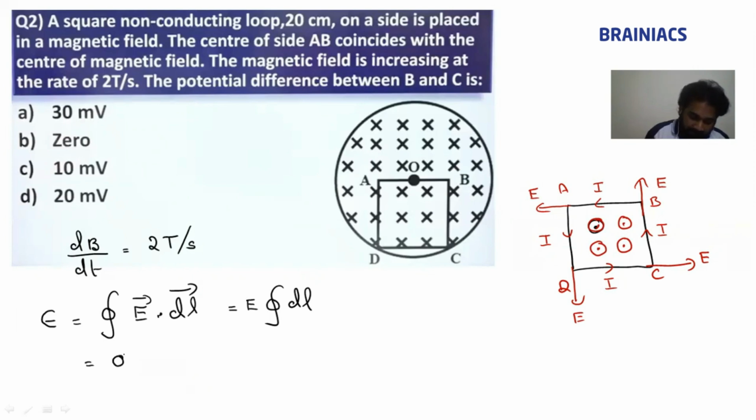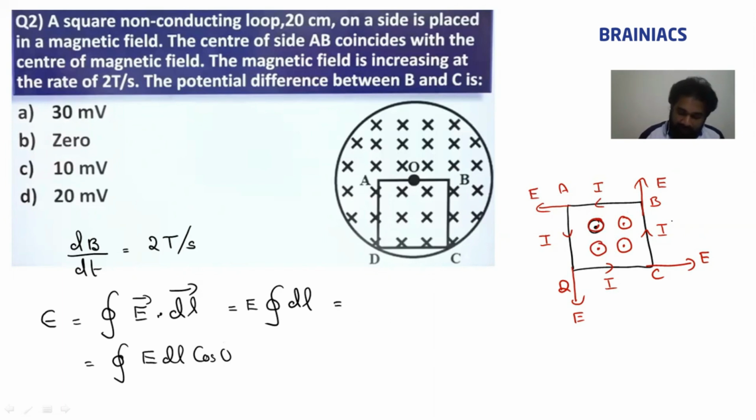E dot dl means integral of E dl cos 0, because dl is nothing but the length of the conductor for AB, AD, DC, CB and all. The length of the current carrying conductor and the electric field are in the same direction, so I have written cos 0.